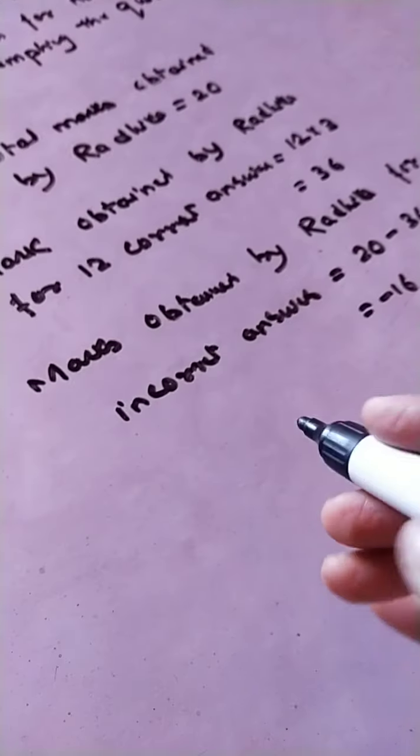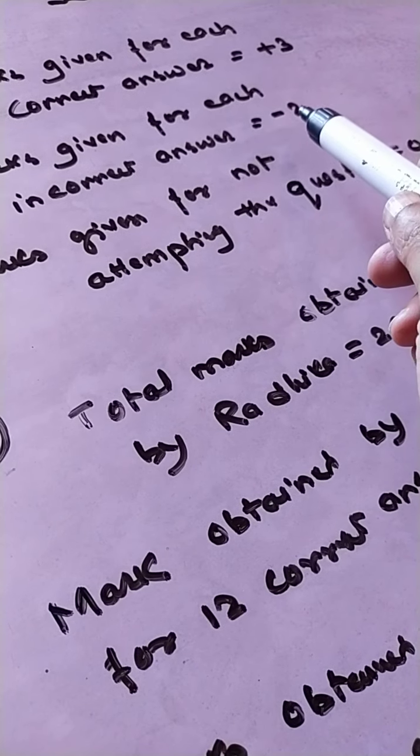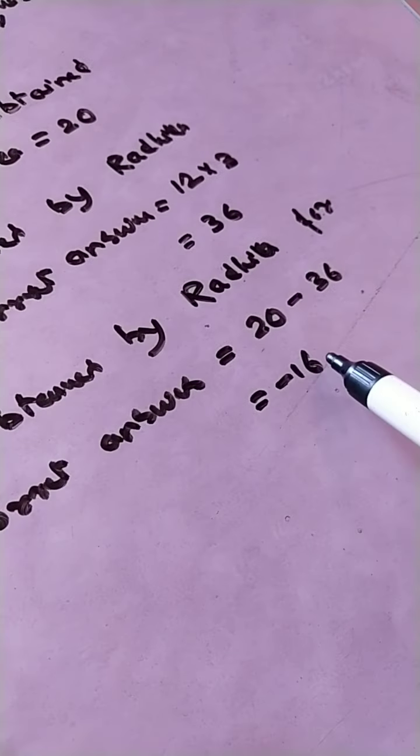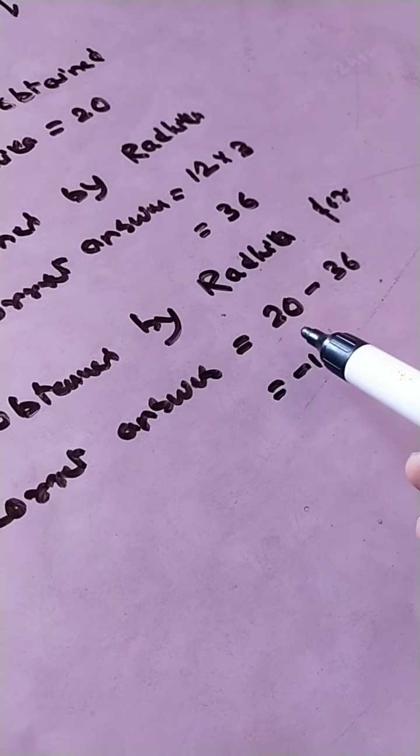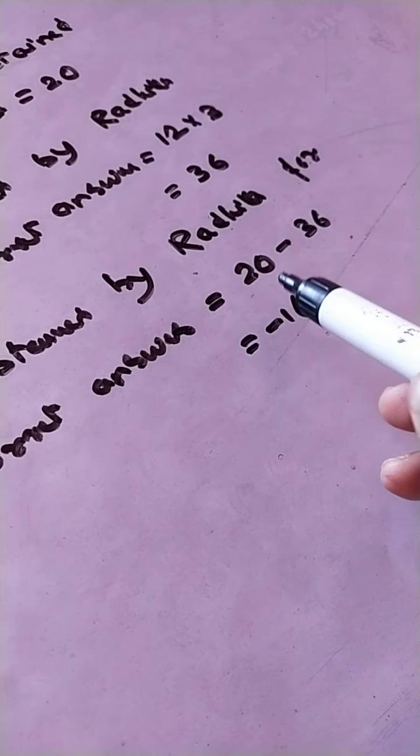Now we have to see the total number of questions she has gone wrong on. So for each incorrect question, what is the point that she will score? -2. And the total marks for incorrect answers is -16.